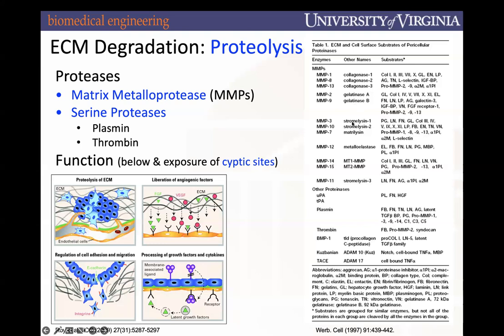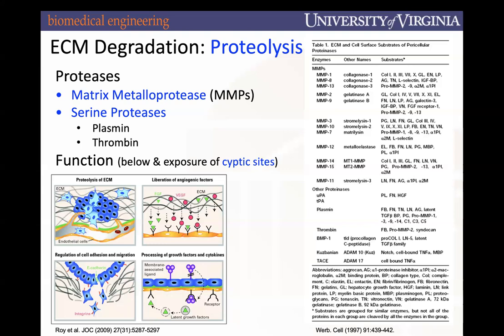We also have serine proteases that, as the name implies, target serines. In this case, they usually target plasmin and thrombin. The reason why this is important in the ECM is, if you think about a cut to the hand, which is the default example here, you're bleeding, and you have clotting that occurs to stop the bleeding.